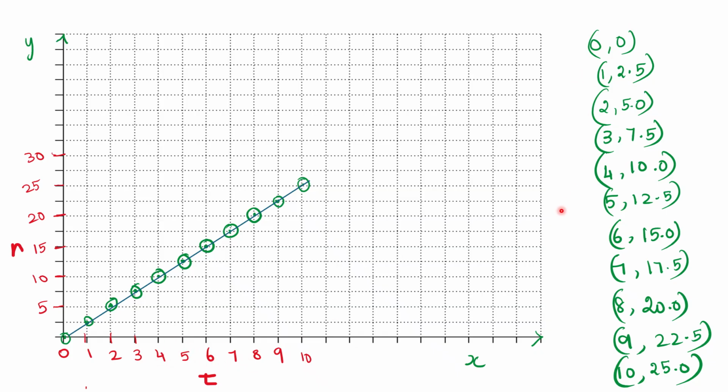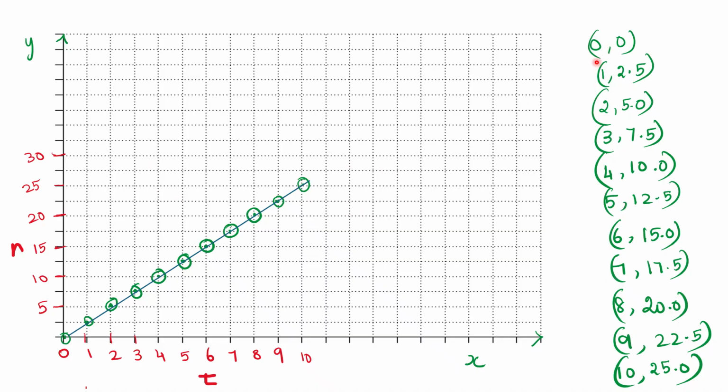These are the coordinates we found: 0, 0; 1, 2.5; 2, 5.0; 3, 7.5; 4, 10.0; 5, 12.5; 6, 15.0; 7, 17.5; 8, 20.0; 9, 22.5; 10, 25.0. These are the coordinates we are going to plot on the graph.